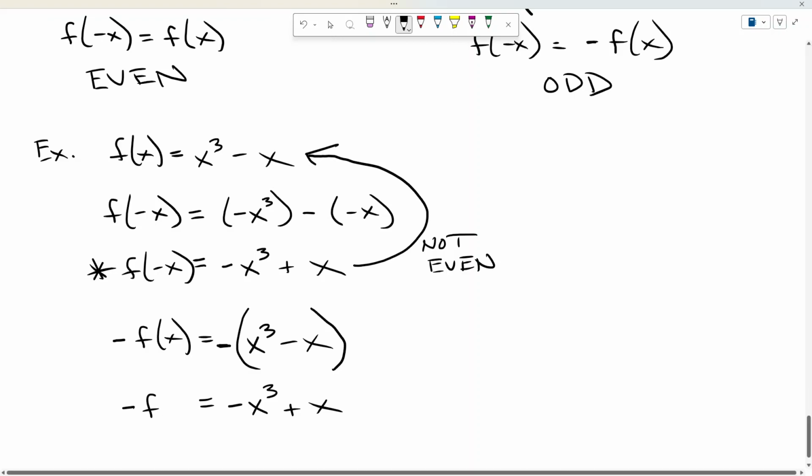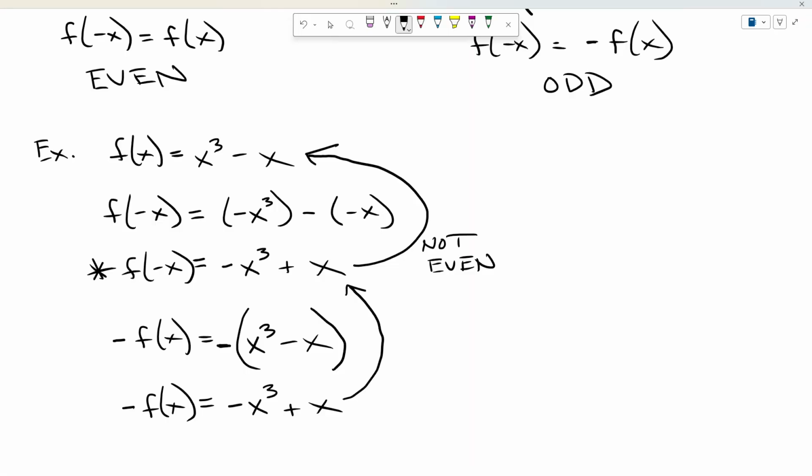Negative f of x is equal to negative x cubed plus x, which happens to be what we found for f of negative x. And if we look up here, we said if f of negative x is equal to negative f of x, then it is an odd function.